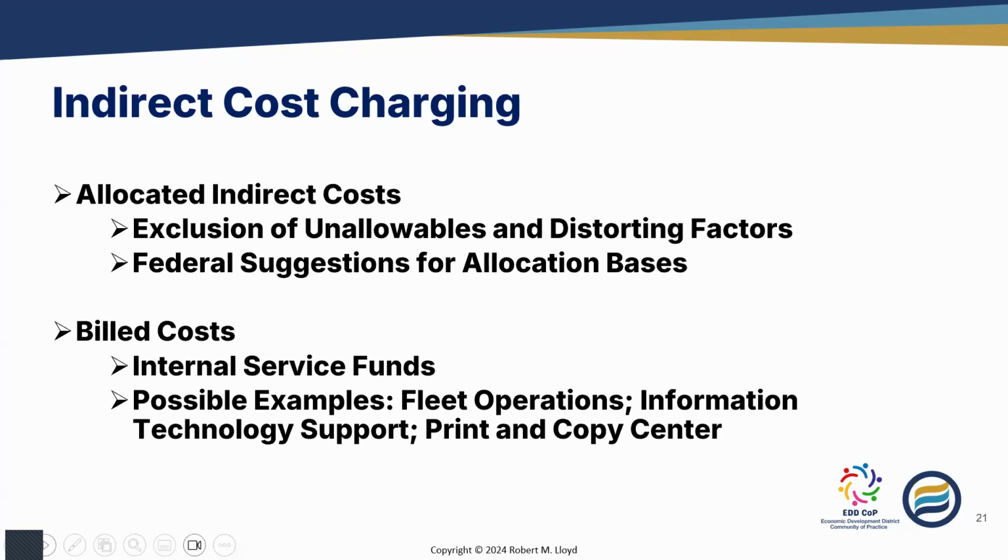Well, the way the cost principles address this is they allow you to create a rate to be charged, let's say for mileage on the vehicle fleet, and you keep up with the number of miles driven by each federal program that you operate. And then at the end of a particular period, normally 6 months, you recalculate that rate based upon actual costs incurred.